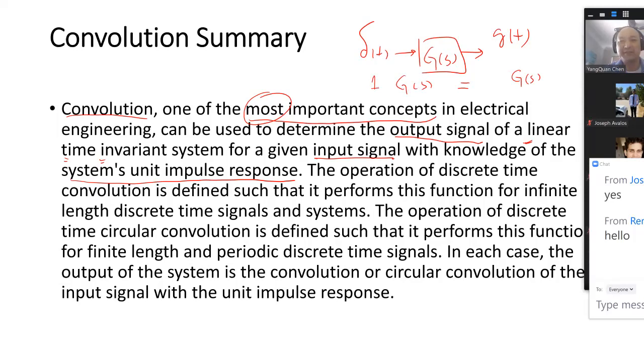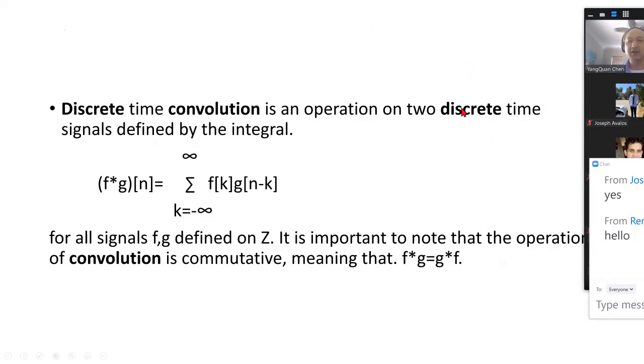But for discrete time, we can do something very similar. We are adding everything up over k. One is positive, one is negative; the negative one means you reverse the sequence. Then you add them together.